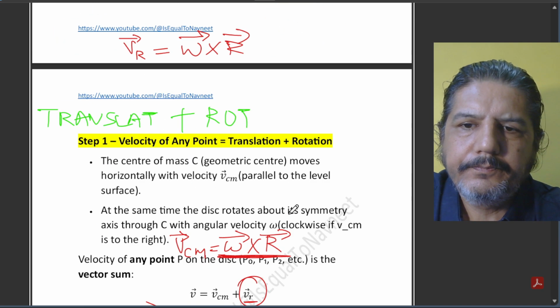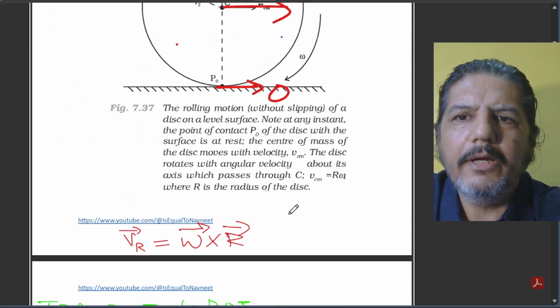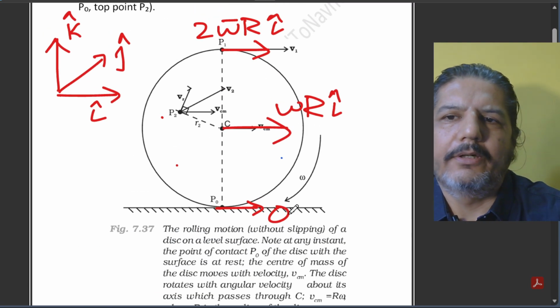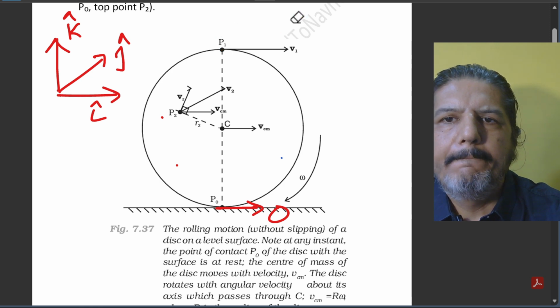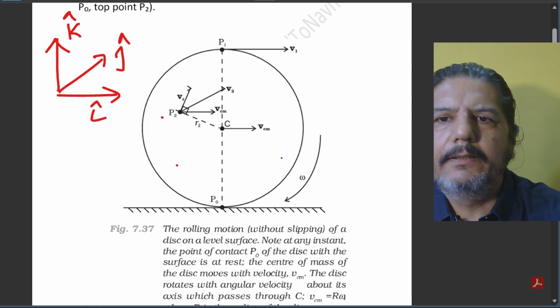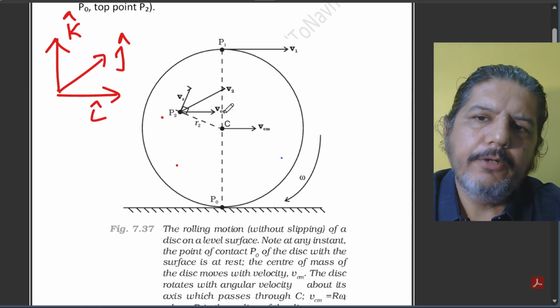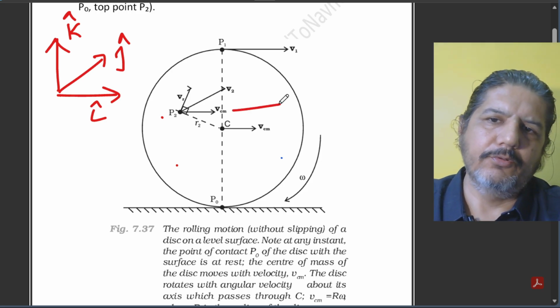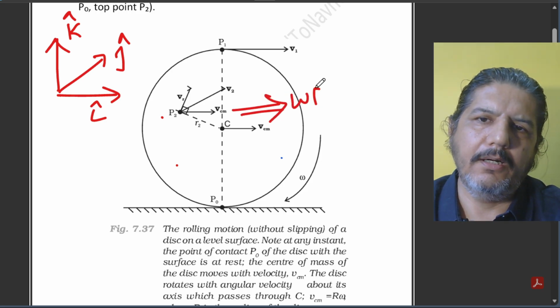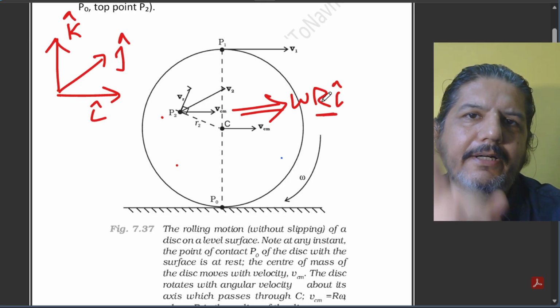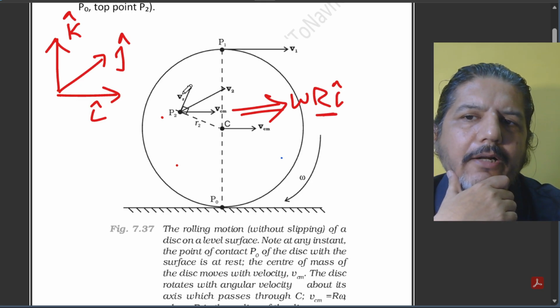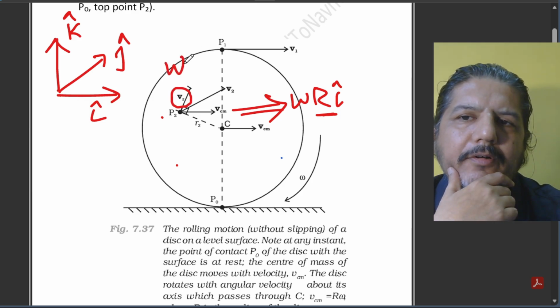And now coming to any random point. So for example, a point like P2. Now P2 again, VCM is in the same direction. So VCM will always be omega Ri, where R is the radius of the wheel. Always remember that R is the radius of the wheel. But when you have to calculate this VR component, this would be given by omega cross R2.